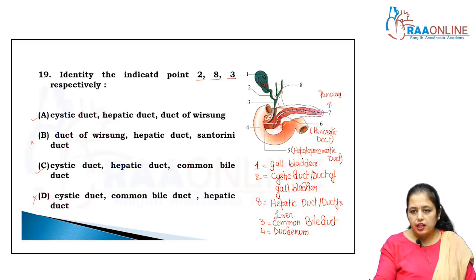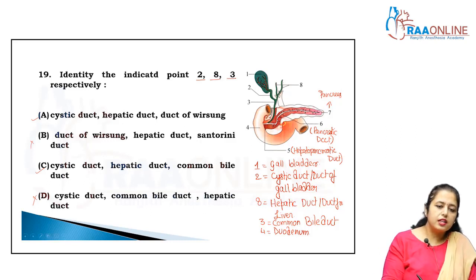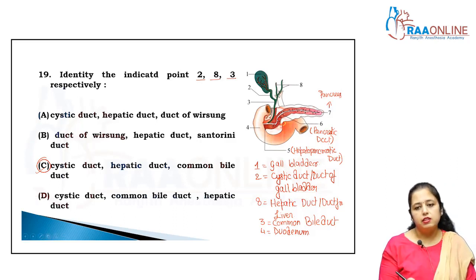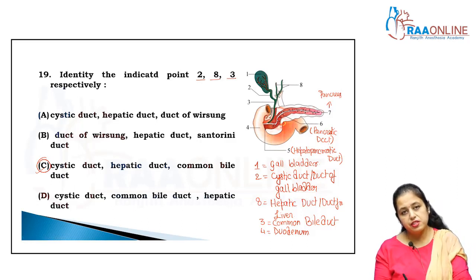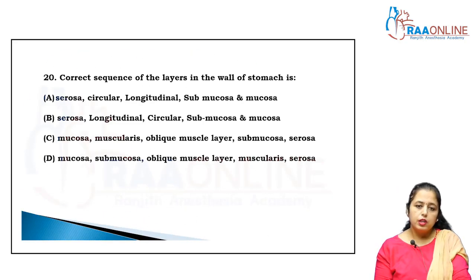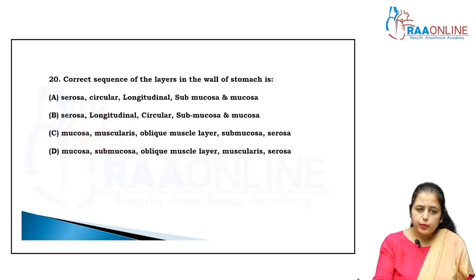Now 3 is the common bile duct, so the answer is C. Rest are cancelled. These types of questions were asked in previous years' exams, so you have to memorize each and every line of NCERT with their diagrams. Now come to the next question.